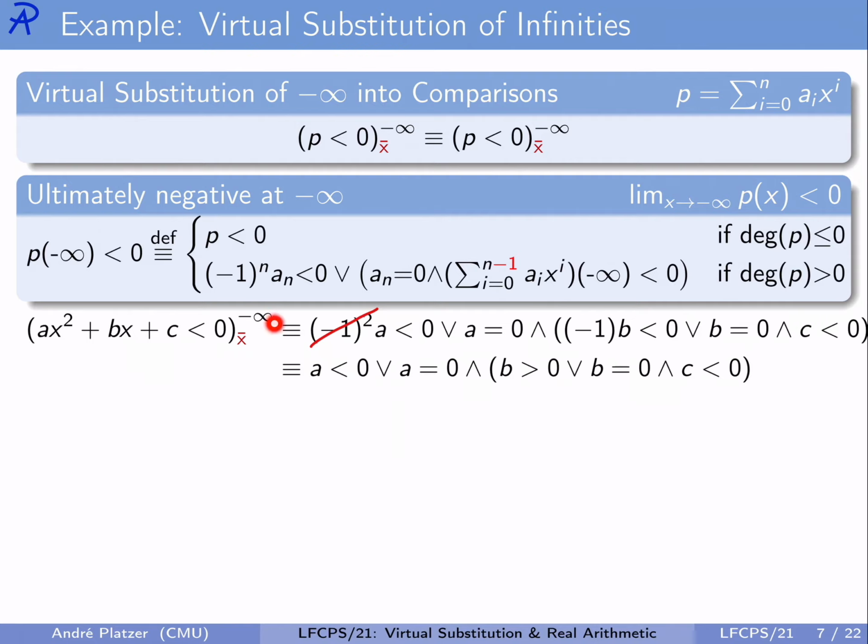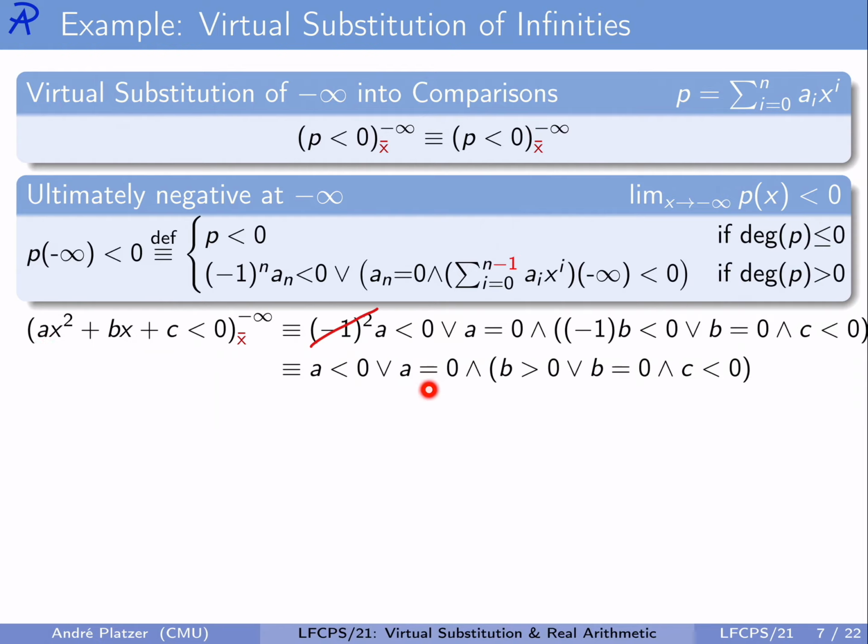So at minus infinity, is ax squared plus bx plus c less than 0 true? Well, whenever the leading coefficient is negative, sure, because then x, minus infinity squared, will be a very large, greater or equal to 0 number, dominating anything else. But since the leading coefficient is negative, that whole sign will tend to minus infinity. Or it wasn't, right?